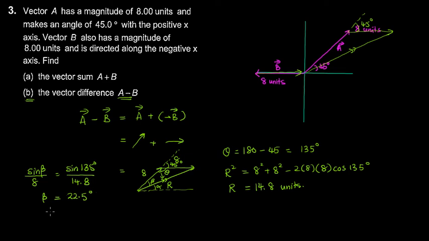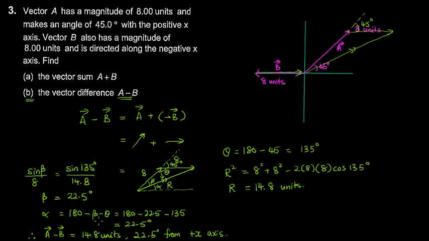So what about alpha? Let's try to find alpha. We can easily get alpha as 180 minus beta minus theta. Then you get 22.5 degrees.